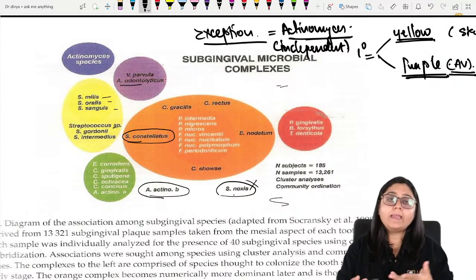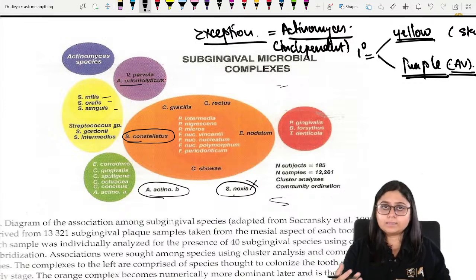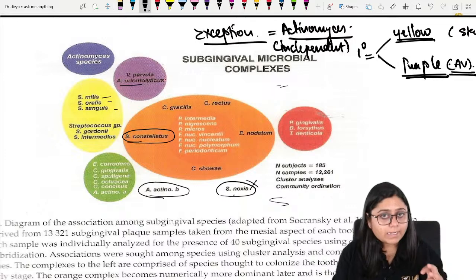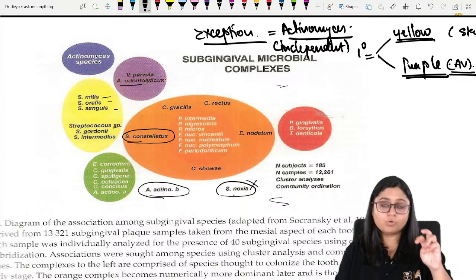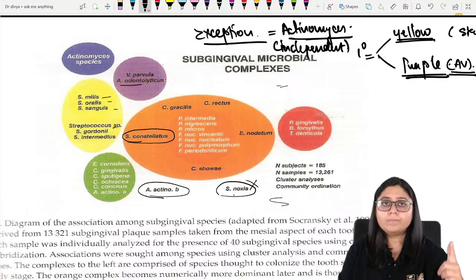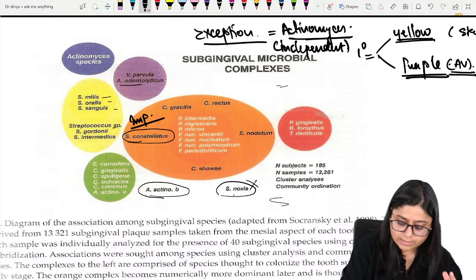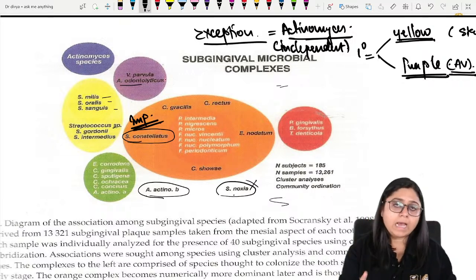Okay. So they can give you options like which amongst these is not a primary colonizer, and the options are Streptococcus mitis, Streptococcus oralis, Streptococcus sanguis and Streptococcus constellatus. The answer will be Streptococcus constellatus. Important, you need to know this. This can be asked in MCQs, guys.